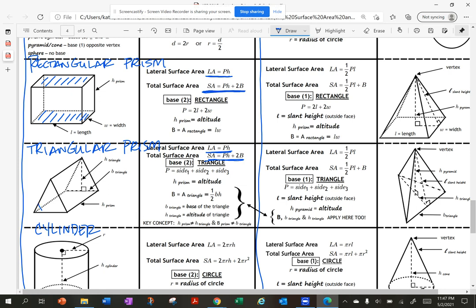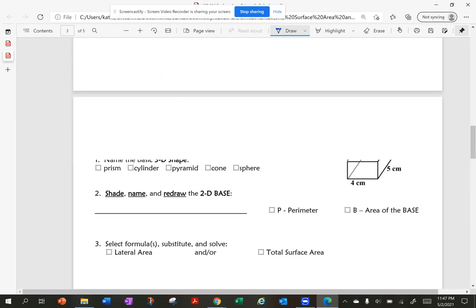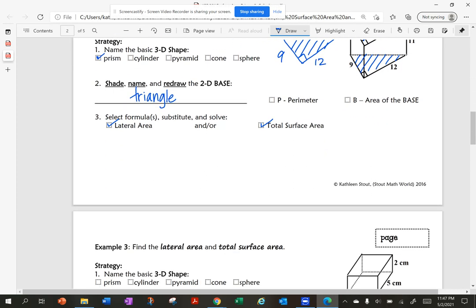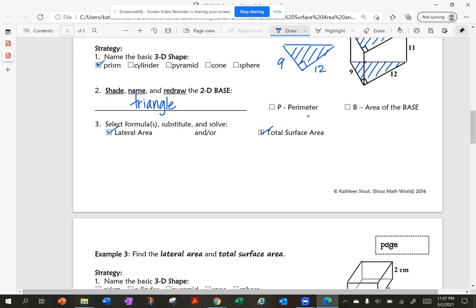I just need to recognize what my base is, and the height is always from base to base. So my lateral area is going to be P times H, where P is the perimeter and H is the height from base to base. And my total surface area is P times H plus 2B.